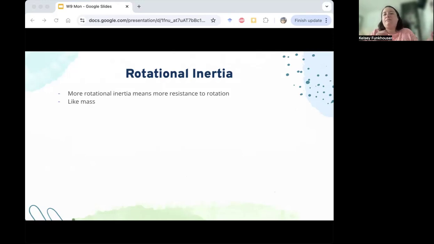And the only difference between rotational inertia and linear inertia or mass is that it's not just the mass itself that matters, but how it's distributed around the axis of rotation. So that's where we'll leave it for now. We'll talk more about rotational inertia, but I wanted to introduce the concept here, and we'll come back to it soon.